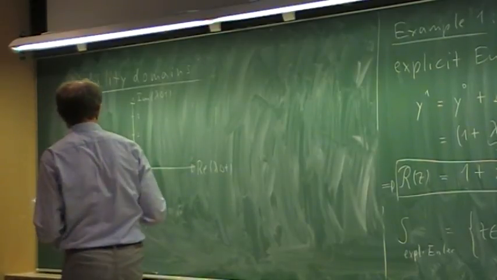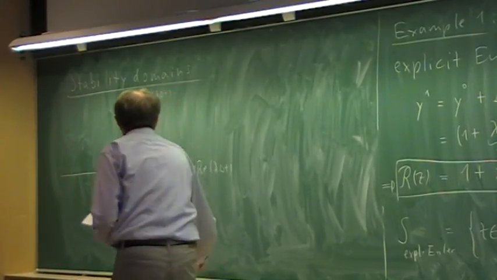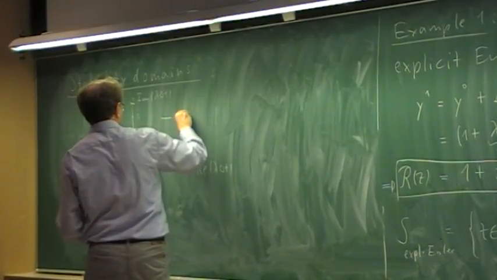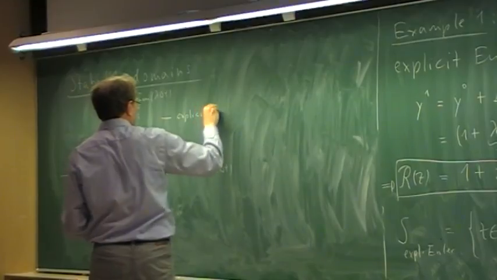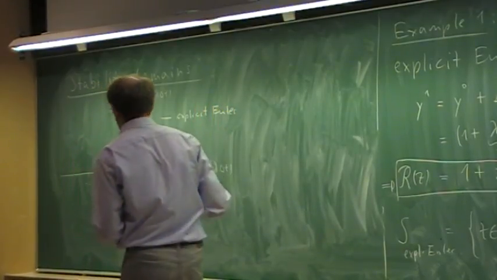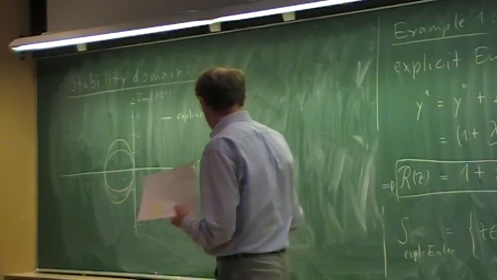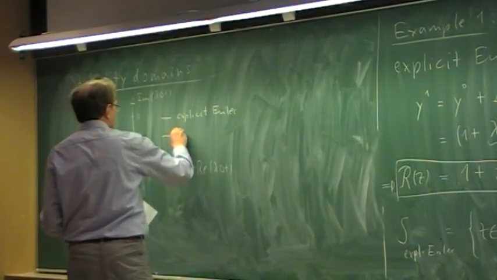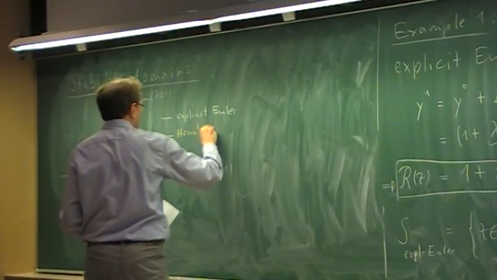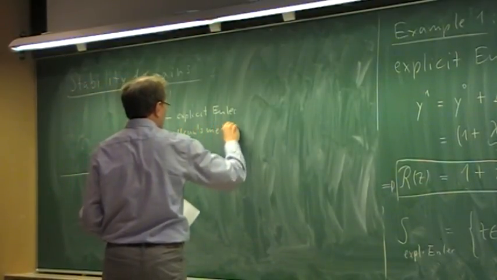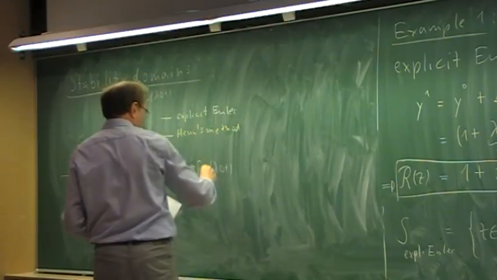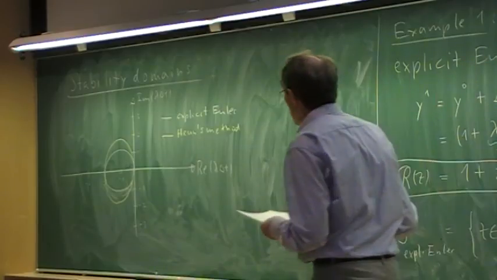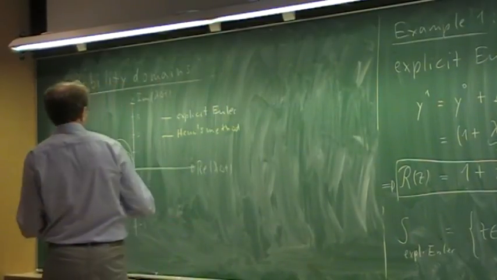So let us indicate what we do here. That was the explicit Euler method, the boundary of the stability domain of the explicit Euler method. That would be Heun's method, the second order Runge-Kutta method. And then the TVD Runge-Kutta method.